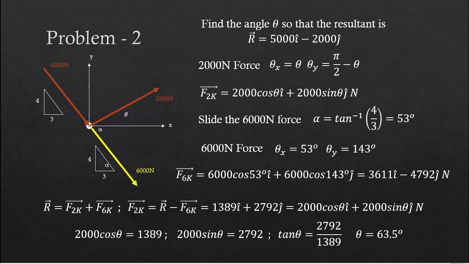So we find 2000 cosine theta is 1339, and 2000 sine theta is 2792. When we have this, divide one equation by the other, and you will get tan theta as 2792 divided by 1339, so theta is 63.5.